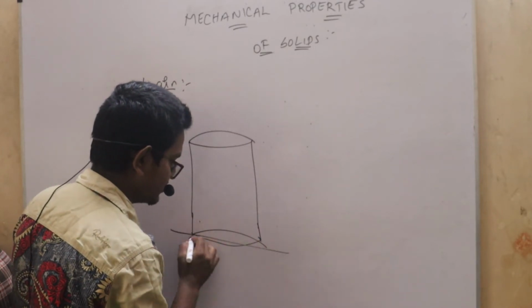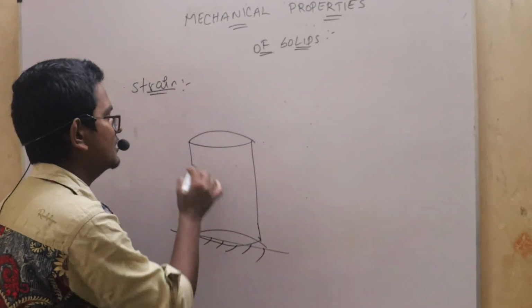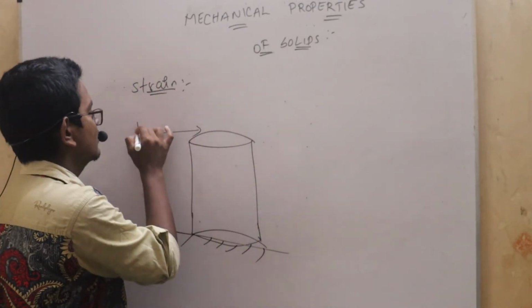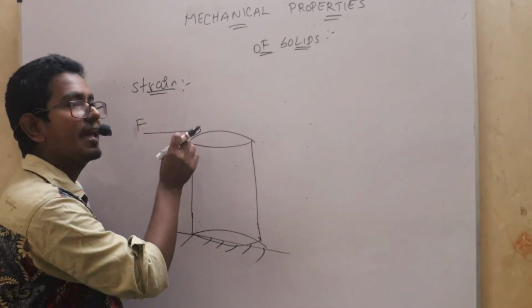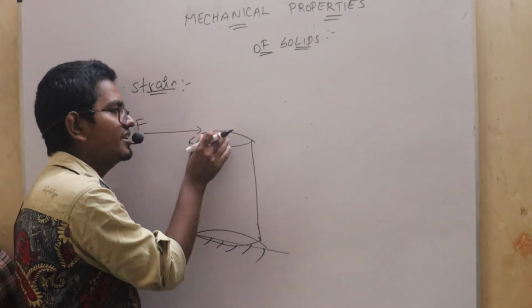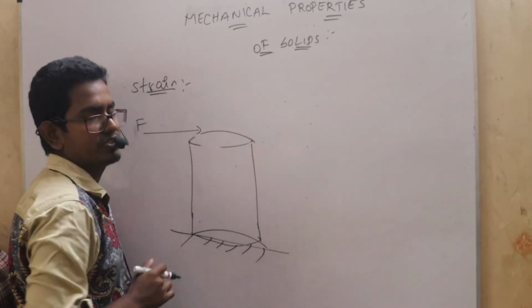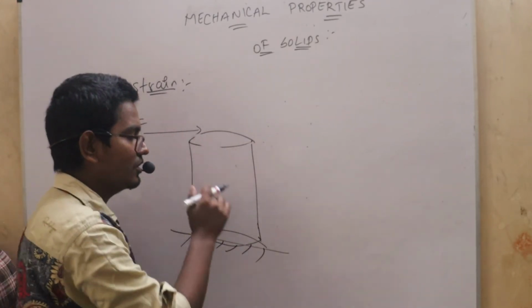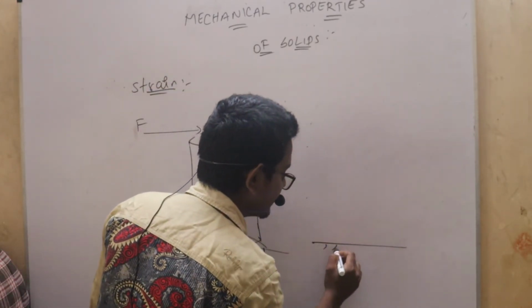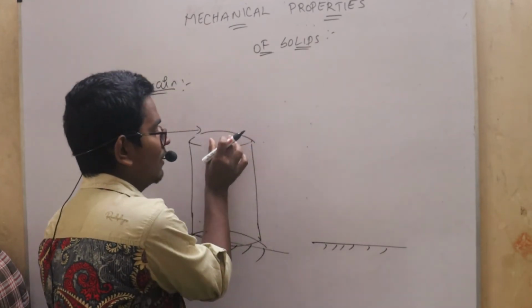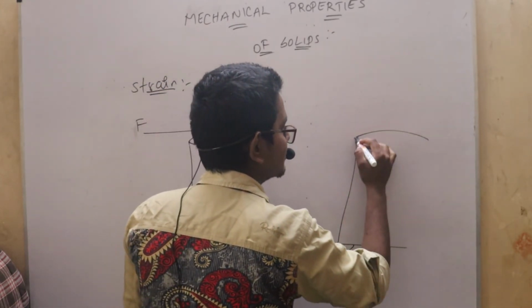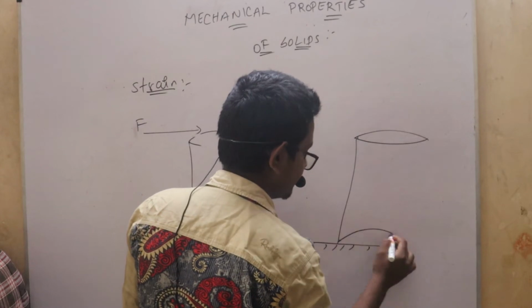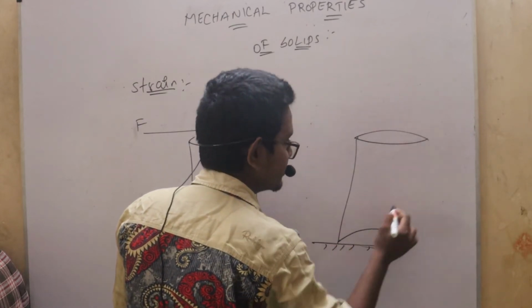The cylinder is fixed right now, and I am applying the deforming force tangentially to its area of cross section. Whenever I apply the tangential force, the position of the cylinder is getting changed.